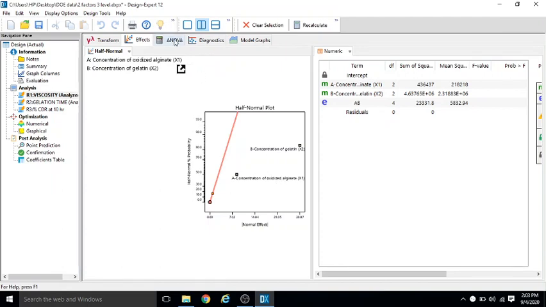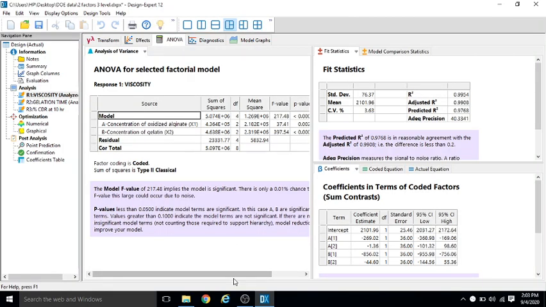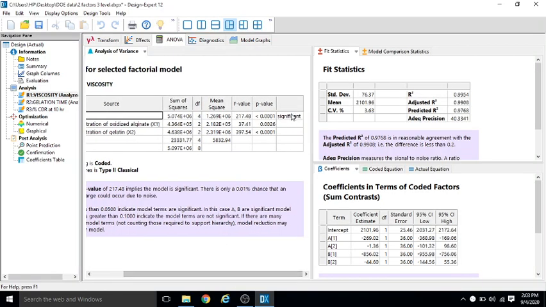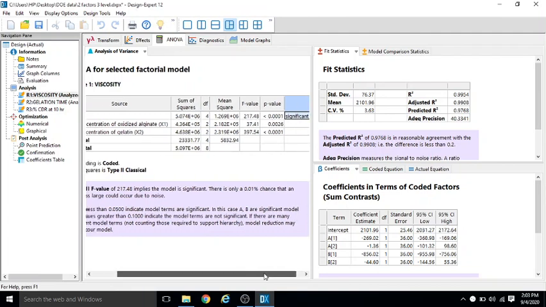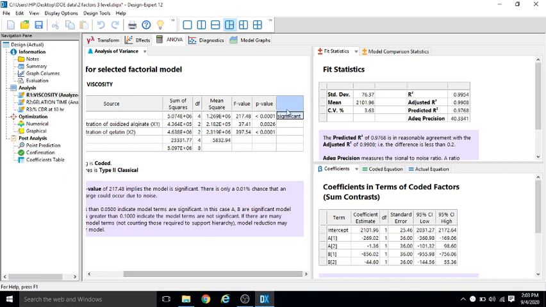Next, when you click on ANOVA, that is analysis of variance, the only thing you have to see here is this value. If the p-value is less than 0.0001, then the data and the entire model are significant. Now, what is the meaning of this?